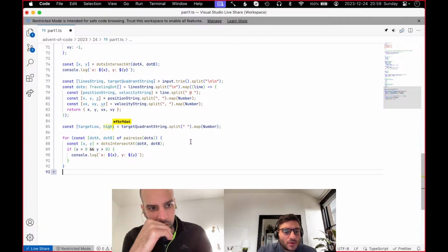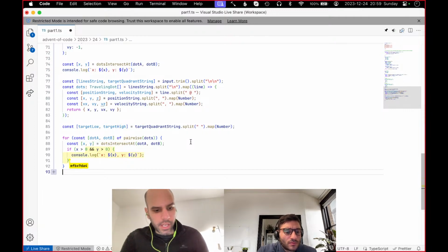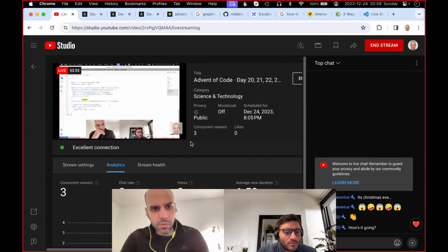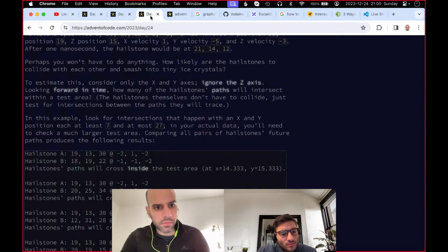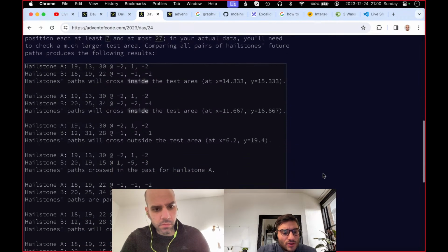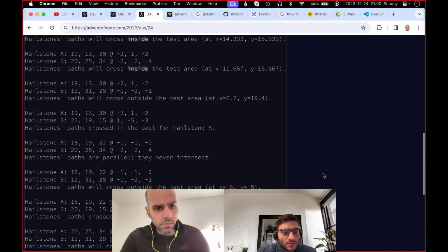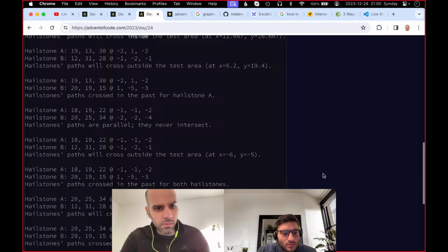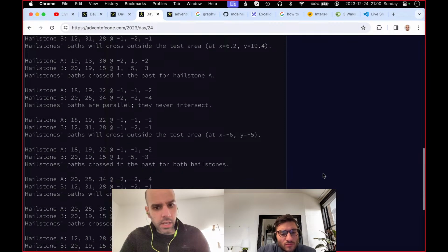Target low and target high. Is it inclusive? I'm going to bet that yes, but I will seek an example to give a definitive answer while you are working this out. Greater than or equal, greater than or equal.